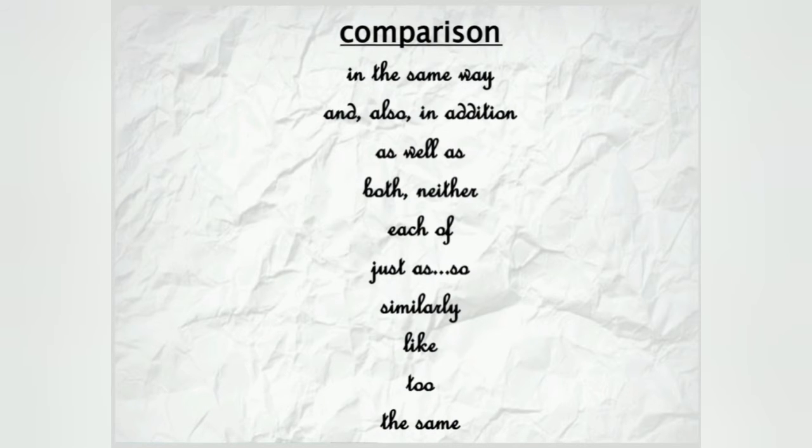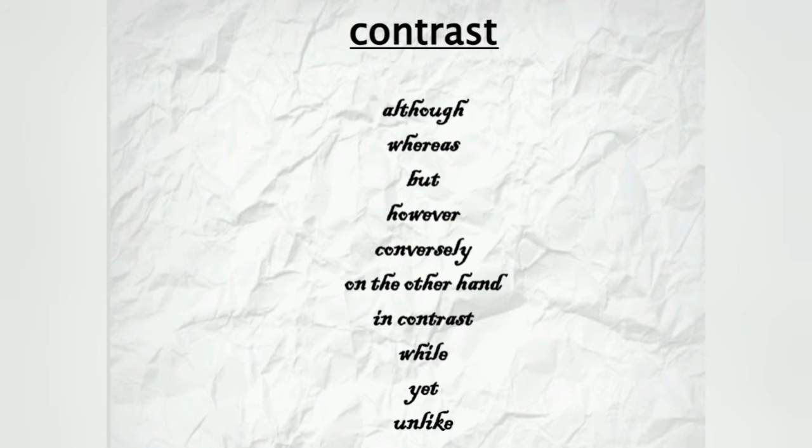And then the next slide talks about contrast. When the narrator wants to give contrasting elements, the author makes use of although, whereas, but, however, conversely, on the other hand, in contrast, while, yet, unlike.